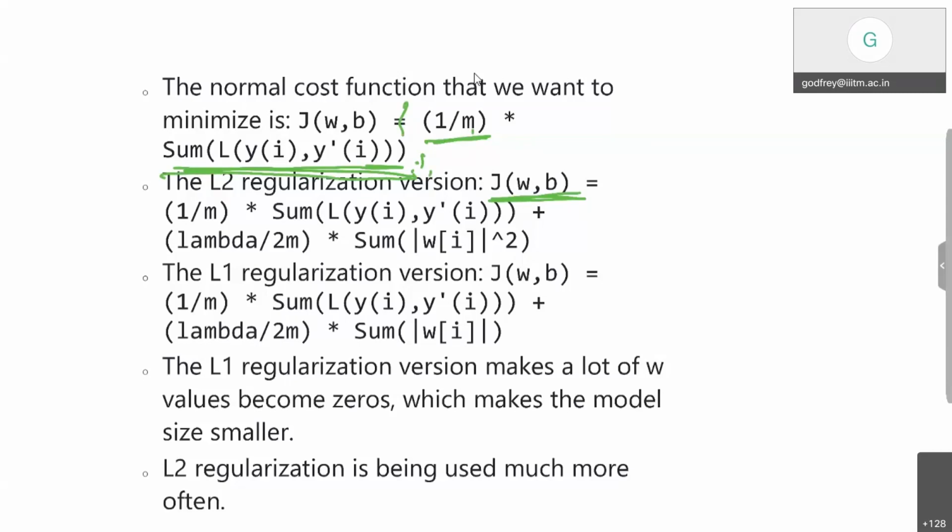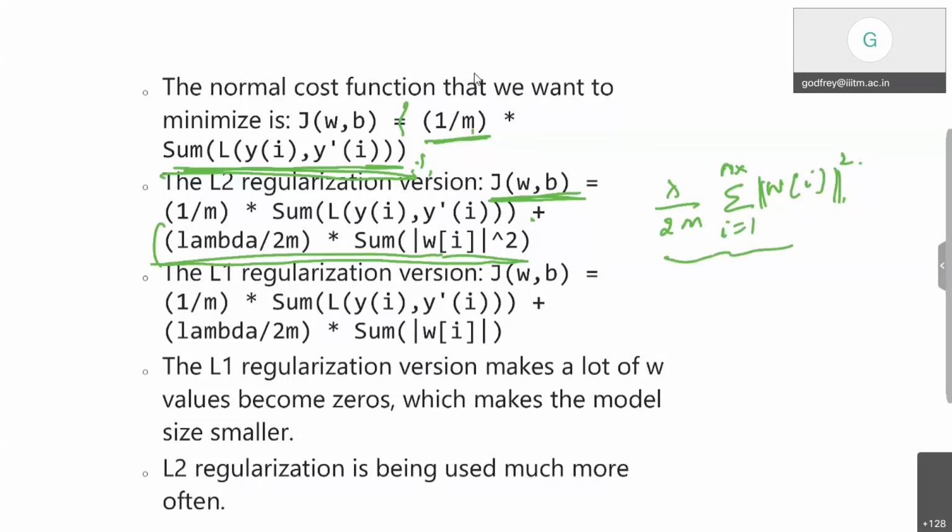Now you not only have to minimize this, but you also add an expression: lambda divided by m into sigma of the weights. This lambda is called the regularization parameter, and this is the total number of inputs.